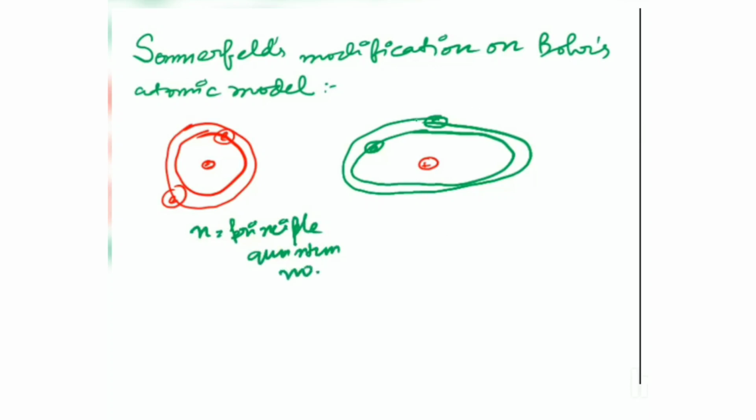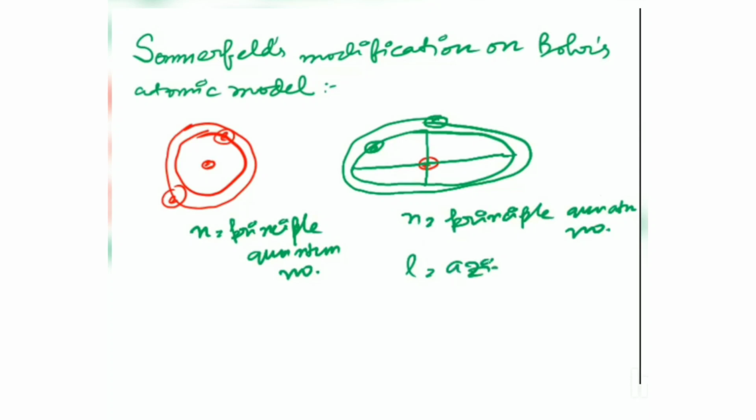But in Sommerfeld's modification, he said that in an ellipse there are two variables, one is the semi-major axis and one is the semi-minor axis. Due to this we can get two variables. One is the principal quantum number n, and another is our azimuthal quantum number.